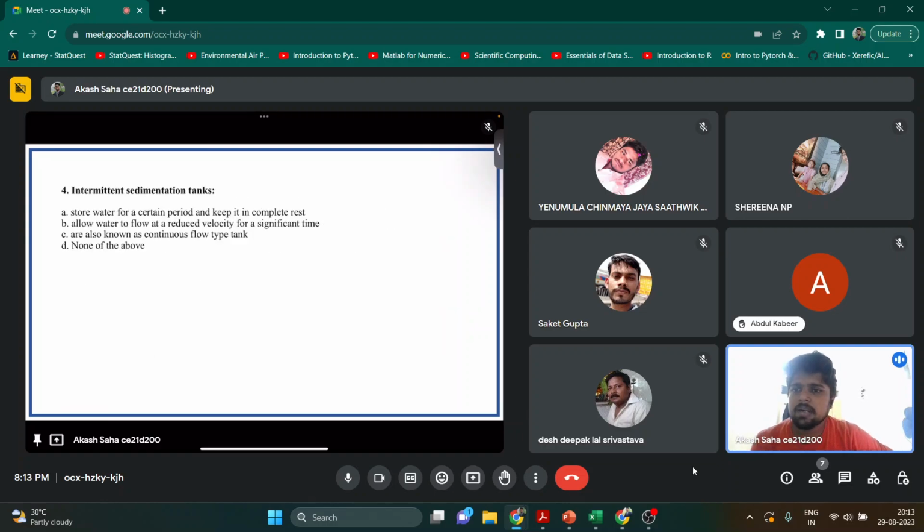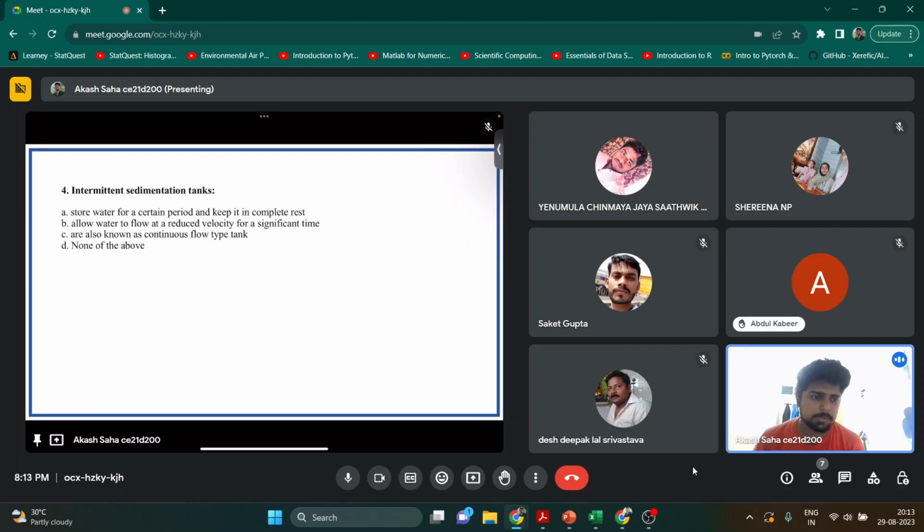The next question: intermittent sedimentation tank. Which of them is true for an intermittent sedimentation tank? That it stores water for a certain period and keeps it in complete rest, allows water to flow at a reduced velocity, also known as continuous flow type tank, or none of the above?